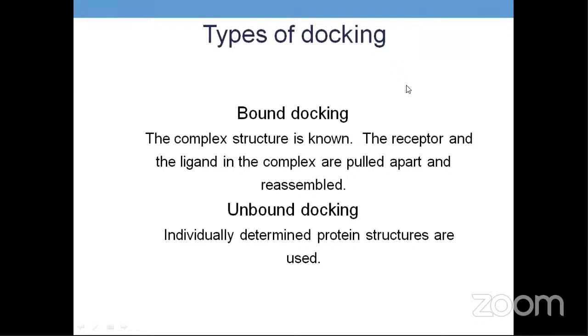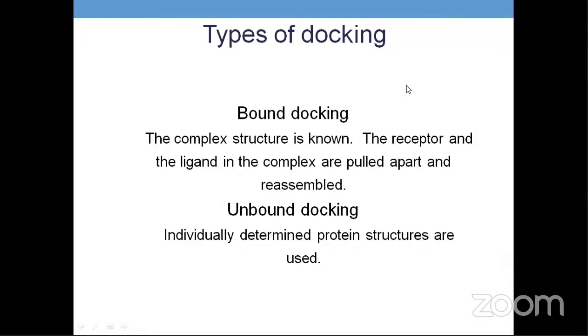Energy minimization is basically the process to identify the lowest energy conformation of any system. So among the 10 different conformations, we use the energy minimization technique. We run it on all these 10 different conformations of the receptor-ligand complexes and identify which one has the lowest energy conformation.